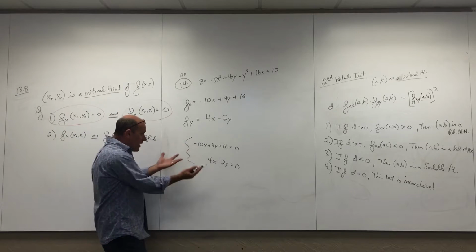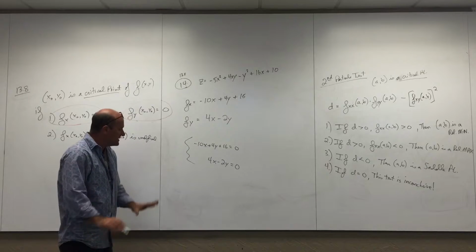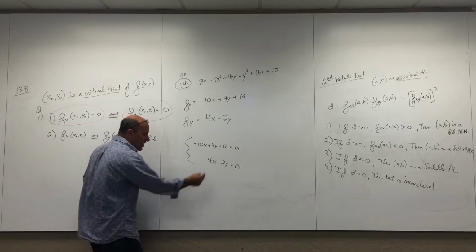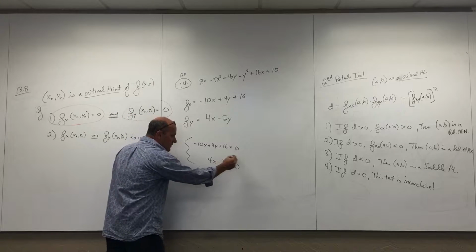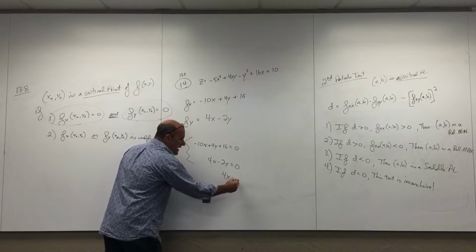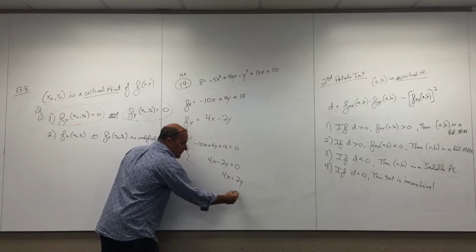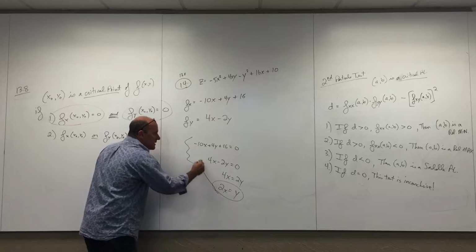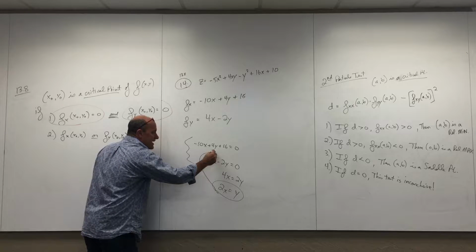When you're solving two equations and two unknowns, you have a lot of methods at your disposal. Usually, substitution is a good method. I'll move this 2y over: 4x equals 2y. I'll divide by 2: y equals 2x. I'll substitute that for y.